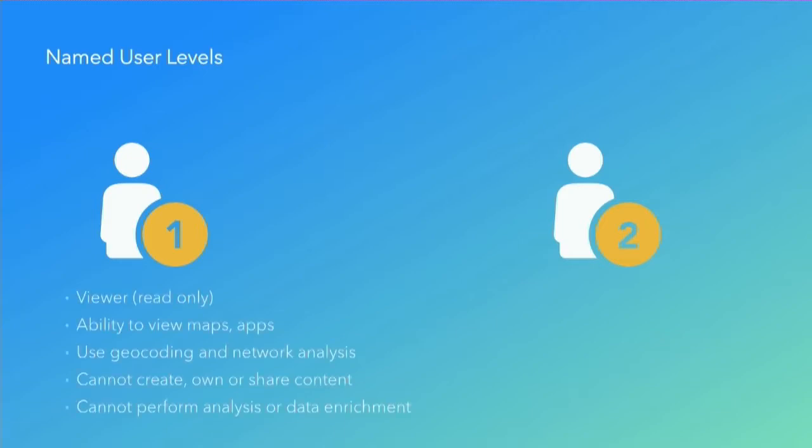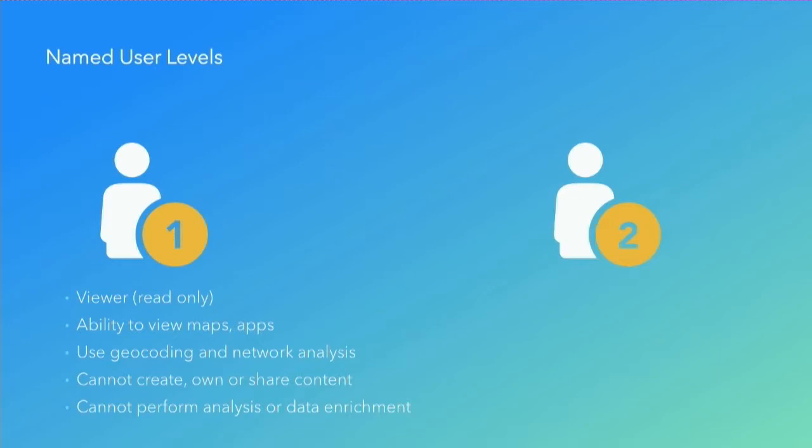There we go, the read-only viewer user. So when you need to give people access to the system, but they're not going to be creating content, they're going to look at the information products, the applications that you or your colleagues make for them. This was a new way of giving people access to the system at a lower cost than the traditional named user gave.